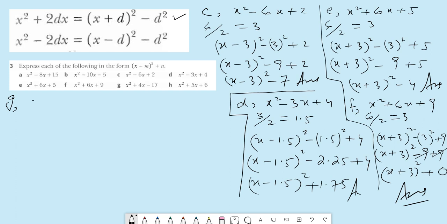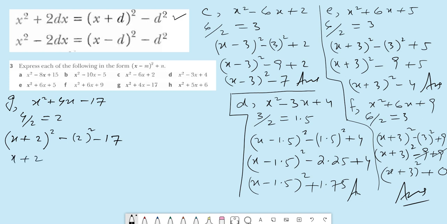What is part G? x square, sorry, x square plus 4x minus 17. What is the coefficient of x? 4. 4 upon 2 is 2. Therefore, our result is x plus 2 whole square minus 2 square, and this minus 17 remains minus 17.